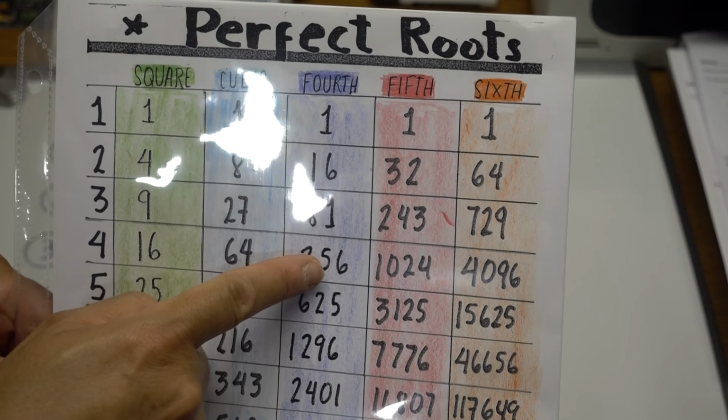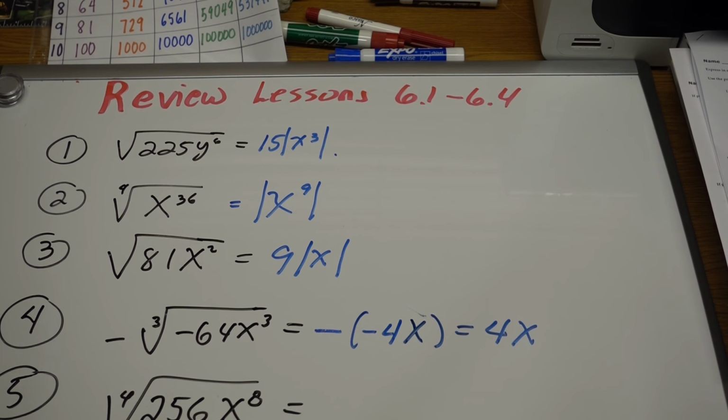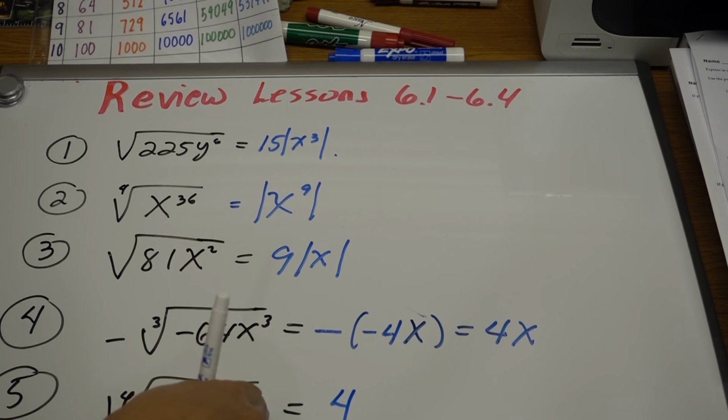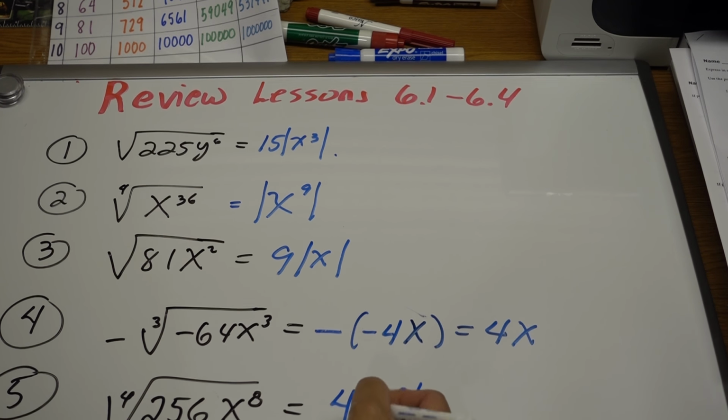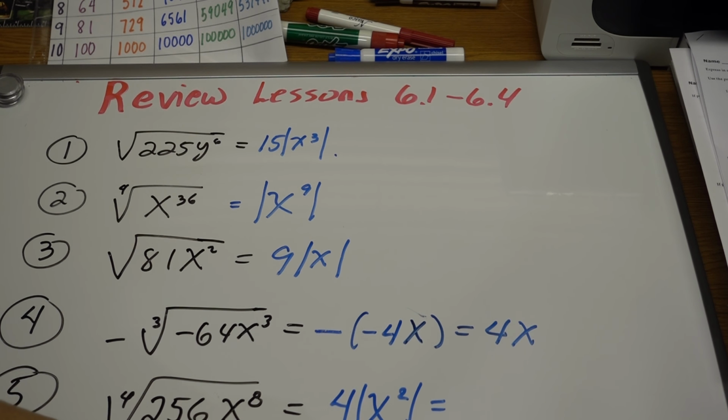The 4th root of 256 is 4, so I'm going to write 4 here. And then 8 over 4 is 2, so x squared. We can insert bars here, but even if x is negative, when you square it, it will be positive. So we actually don't need the bars. So we just have to write 4x squared.